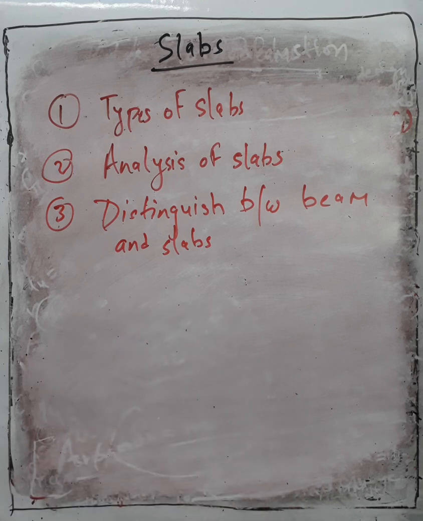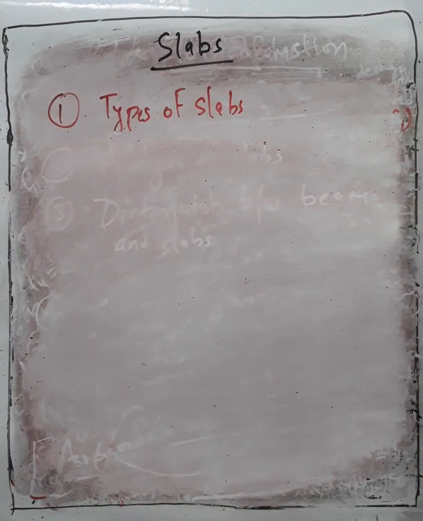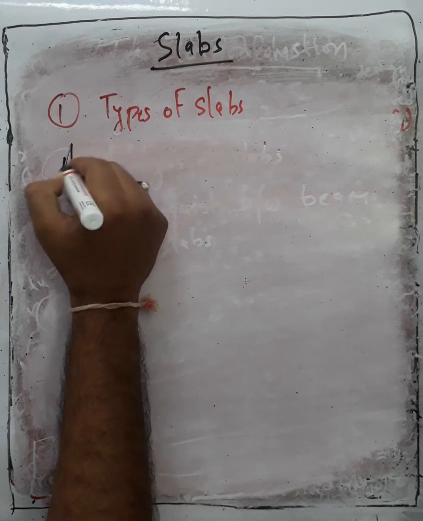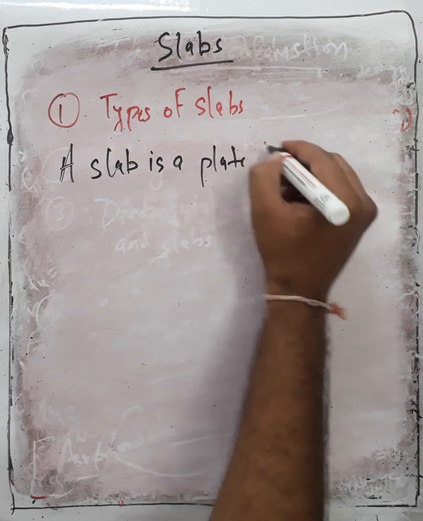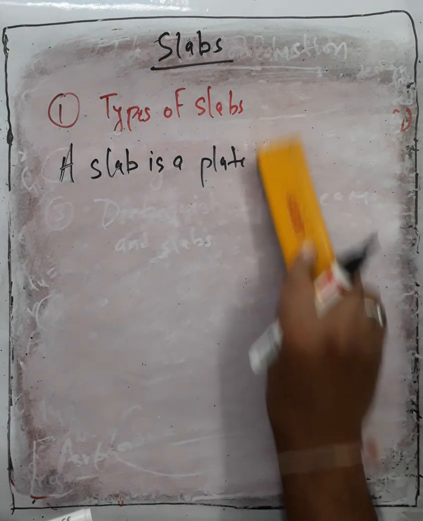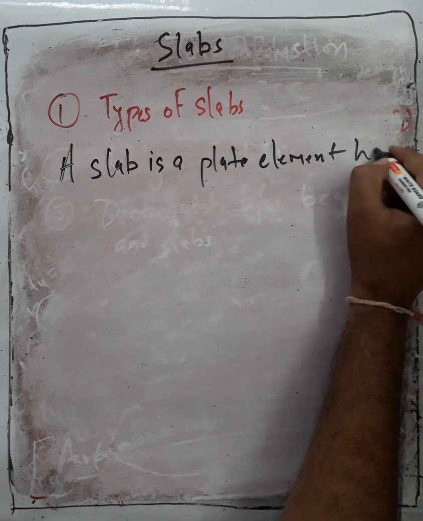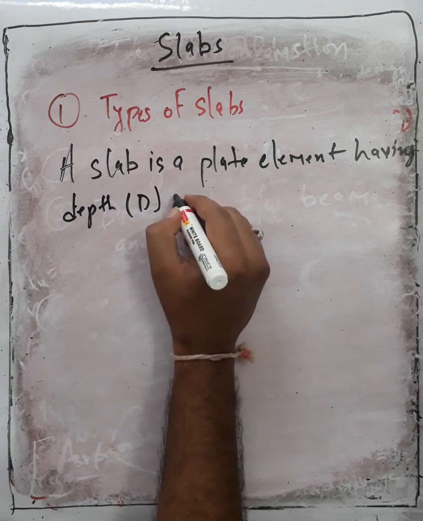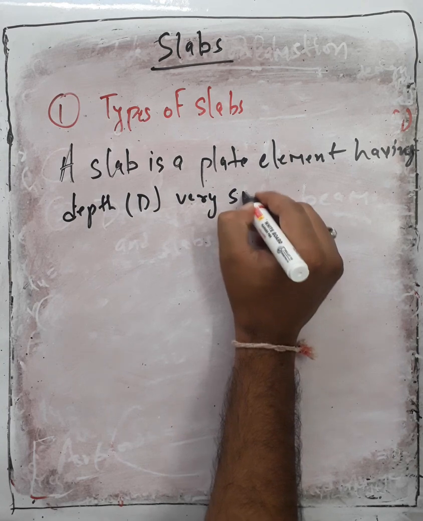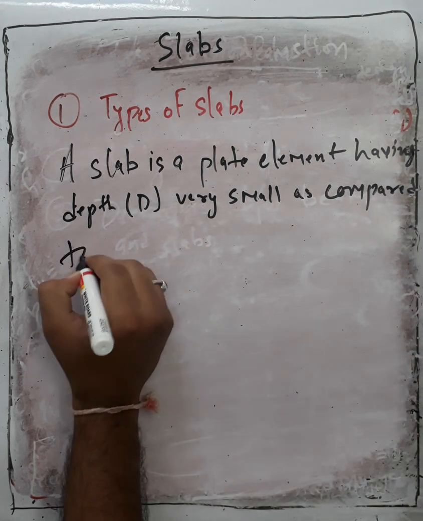Okay, so first we take types of slabs. In types of slabs we write one sentence: a slab is a plate element having depth, capital D, very small as compared to its length.